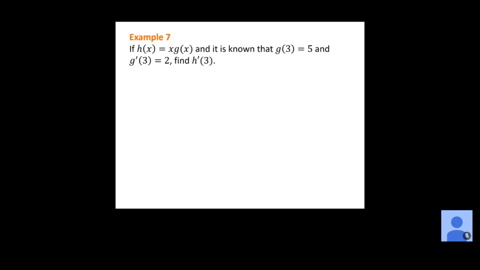All right. Example 7. So we know that h of x is equal to x times g of x, and that g of 3 is 5 and g prime of 3 is 2. We want to find h prime of 3.